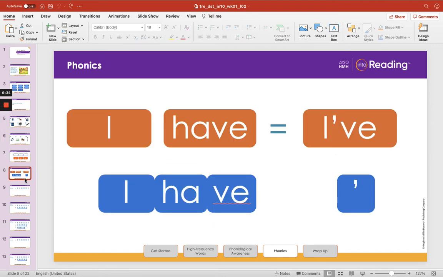So remember, a contraction is a shorter way to say two words together. To make a contraction, one or two letters from a word are replaced with the mark called an apostrophe. So look at the top words in the orange tiles. I have. We can say these words in a shorter way by making a contraction. I've. To make this word, I replace the letters H-A in have with an apostrophe.